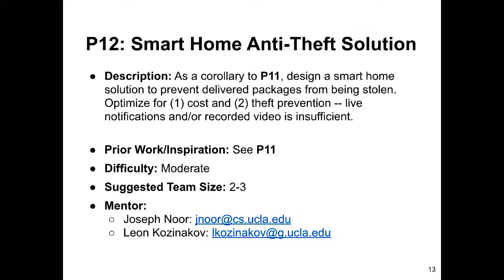But if there was a message indicating that a package was picked up, so could we design something like this to detect removal of property from home? That's the idea out here. This again could be based on images or perhaps on other sensing modalities as well.